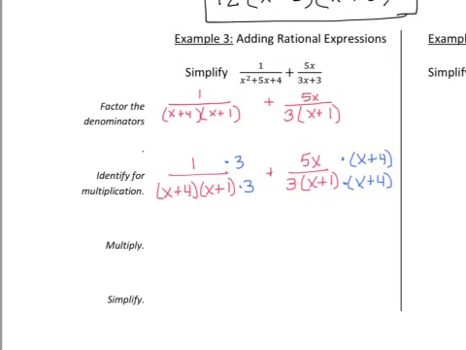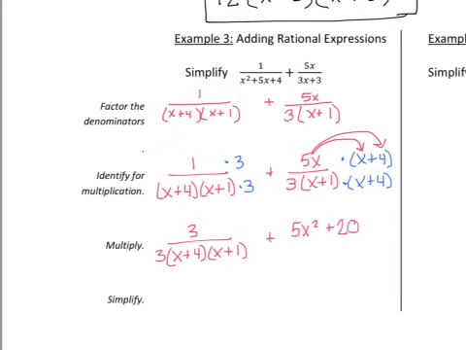All right, so let's actually multiply. 1 times 3 gives us 3 over our denominator, 3 times x plus 4 times x plus 1, plus 5x times x gives us 5x squared, 5x times 4 plus 20x, all over our denominator again, 3 times x plus 4, x plus 1.